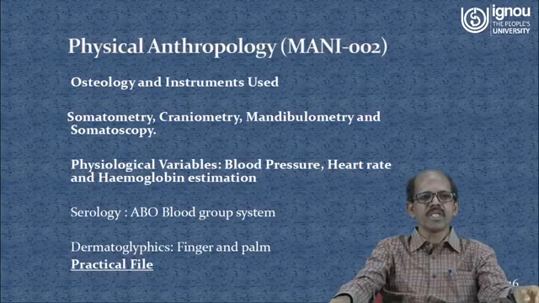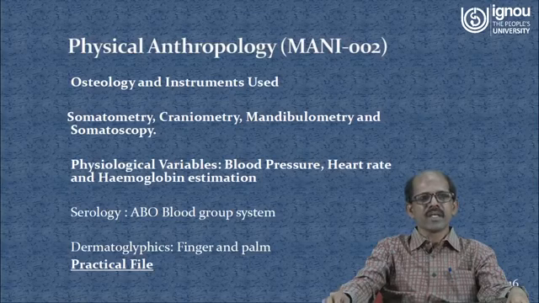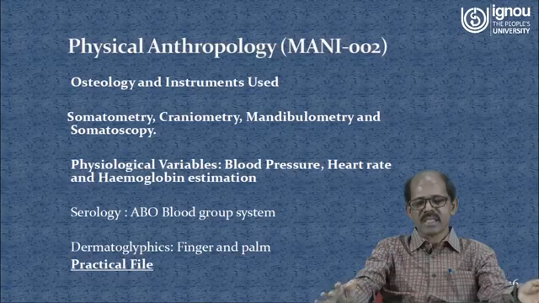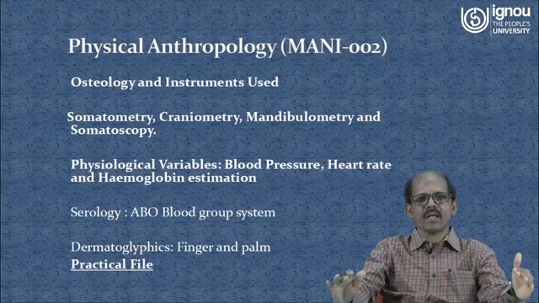It is a basic instrument that has been used by anthropologists. So, anthropometric rod, weighing scale, spreading caliper, sliding caliper, and skinfold caliper, and your measuring tape, and mandibulometer. So, we have clearly described the different instruments that are being used by anthropologists in this practical component.